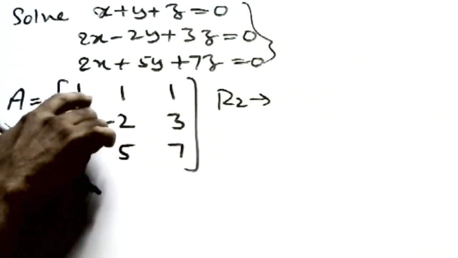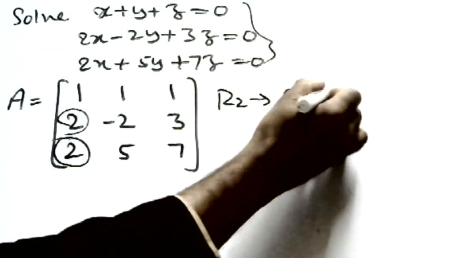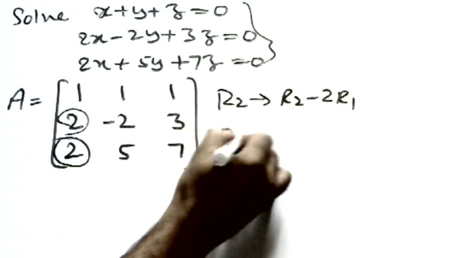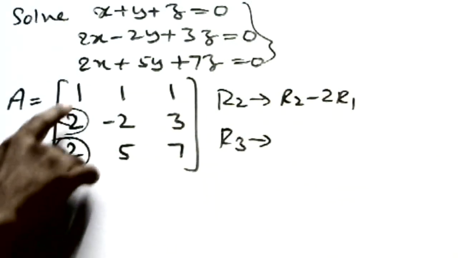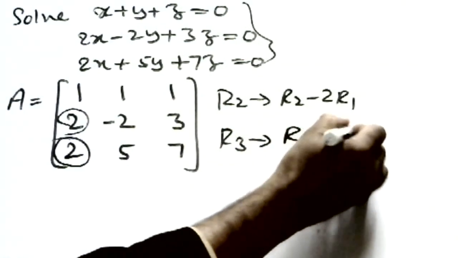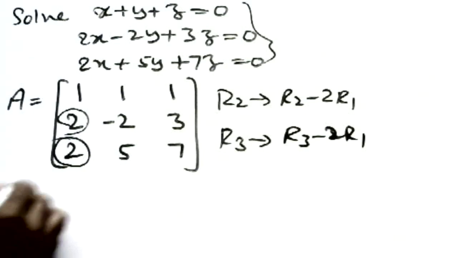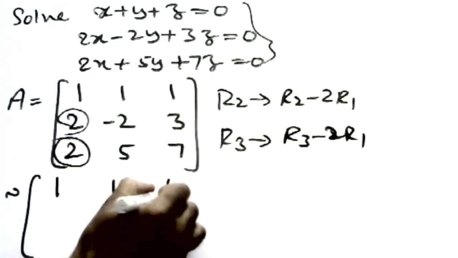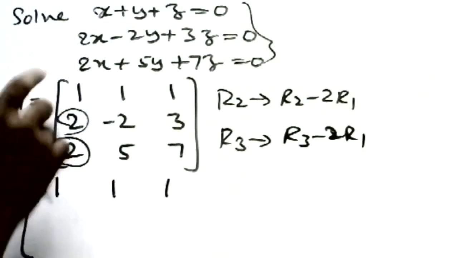So R2 implies R2 minus 2R1, since this is 2. Similarly, R3 implies R3 minus 2R1. Now let me change this. First row: 1, 1, 1.